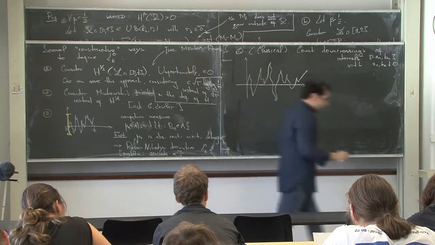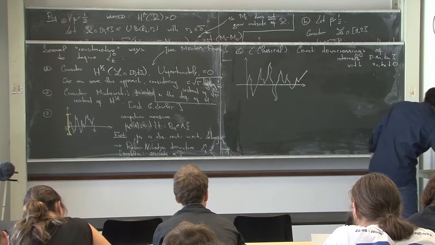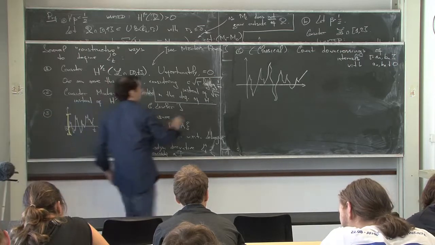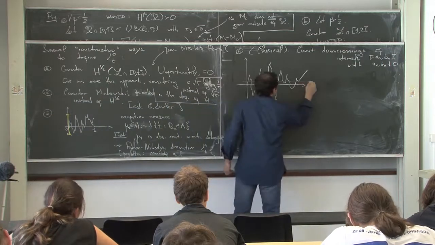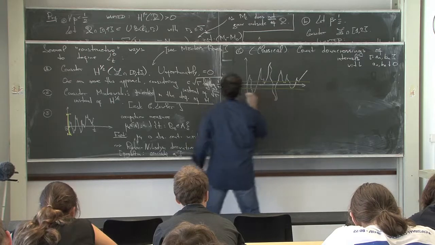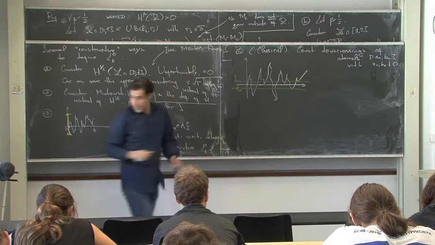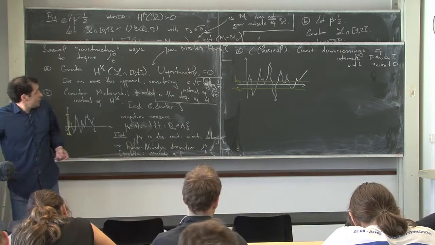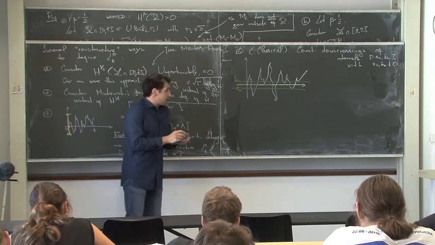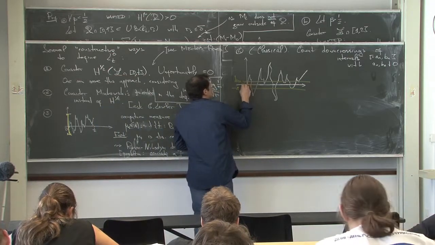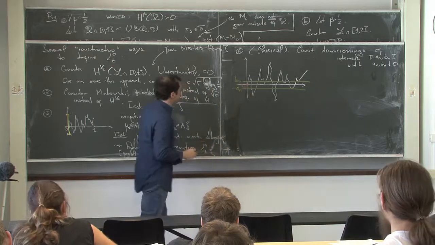So here is a trajectory. You fix 2 levels, minus A, B. And then you define a sequence of stopping times. Let me do it pictorially. This is by definition tau 0.